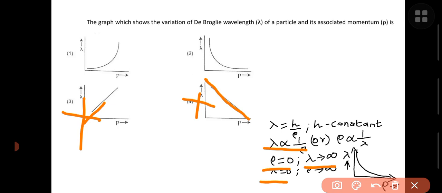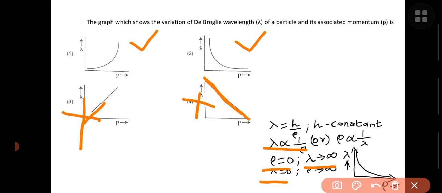Anyway, this line will touch both the x-axis as well as the y-axis, so it is finite. We have only two options, option number 2 and option number 1.